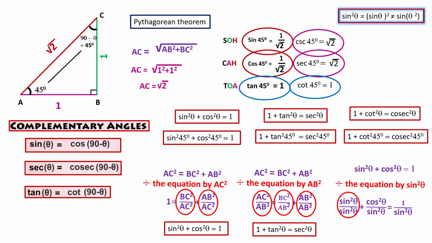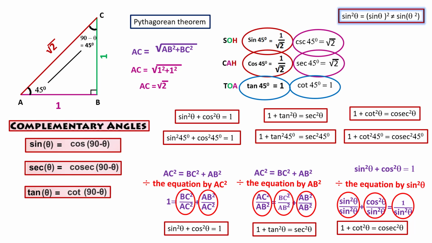Cos square theta by sin square theta, which is the reciprocal of tan theta, remember, that will be your cot theta. And then that is equal to 1 by sin square theta, that means the reciprocal is cosecant theta, which will give you 1 plus cot square theta is equal to cosecant square theta. This is how we do in terms of theta.